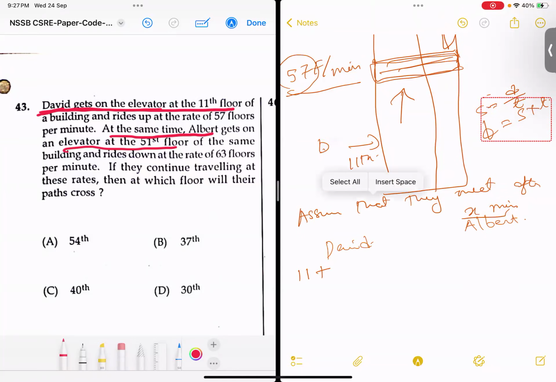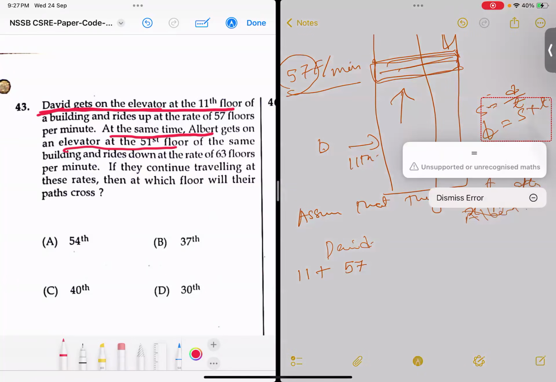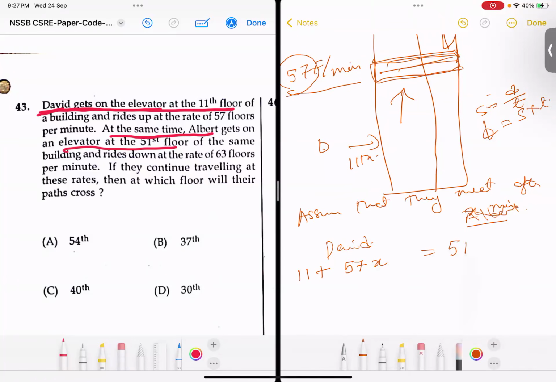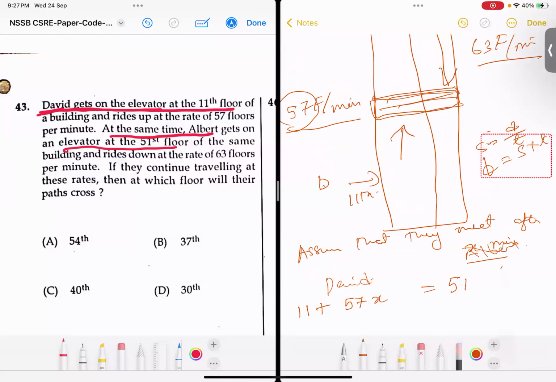He's traveling at 57 floors per minute, right? Distance is equal to speed into time, so speed is 57 into time, which is X, right? They're meeting after X minutes. So similarly, Albert entered at the 51st floor, right? So 51. And then he's coming at what speed? 63, right? 63.